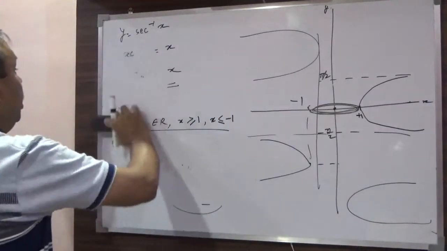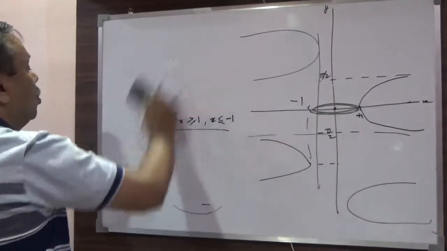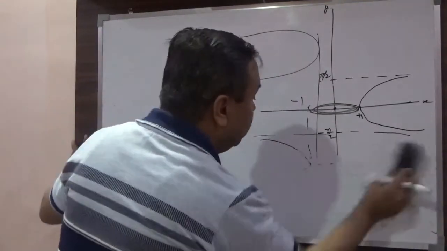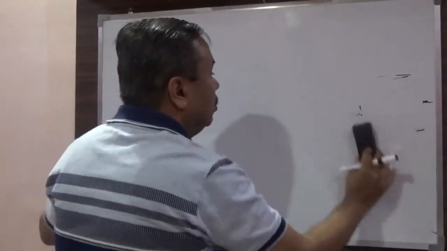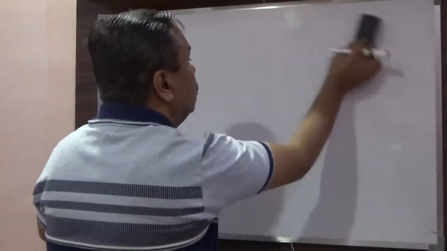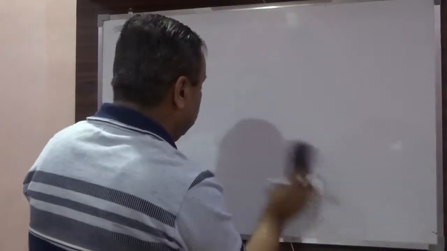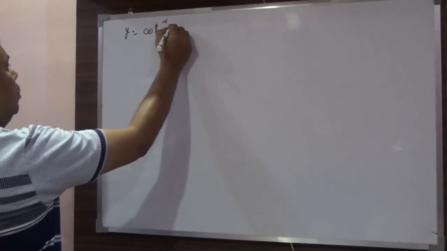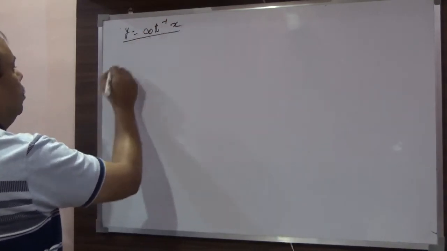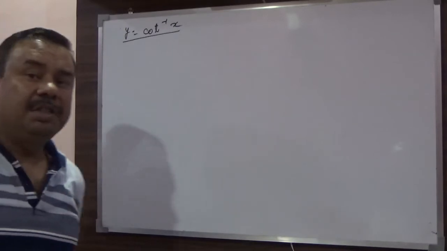So the last thing is cot inverse x, or cotangent. Okay, so my function is y equal to cot inverse of x.